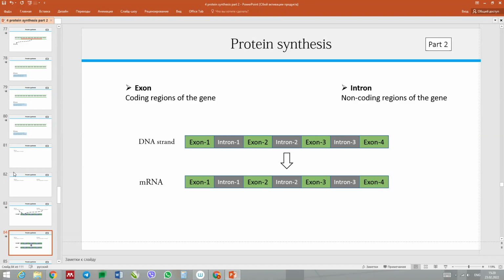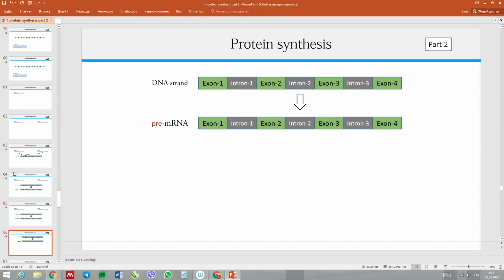That's why we call such messenger RNA that is not ready yet pre-mRNA, so premature or not yet mature messenger RNA.